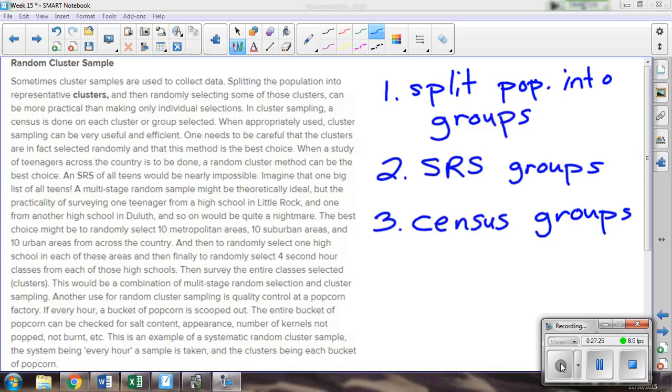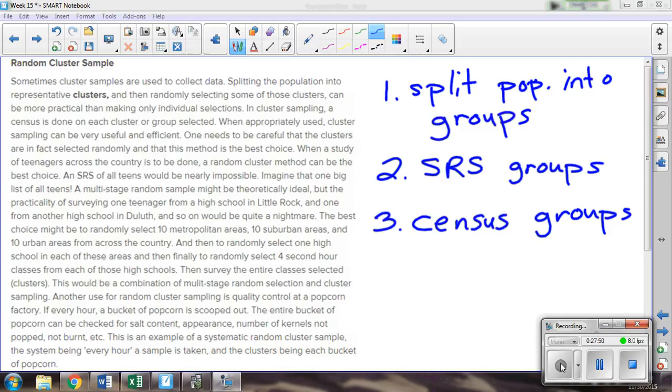When you use a stratified random sample, you just split people up into groups like freshman, sophomore, junior, senior. When you do a random cluster, you don't split them up into freshman, sophomore, junior, senior. You would do group 1, group 2, group 3, group 4, and the groups themselves would have freshman, sophomore, junior, senior in each group.